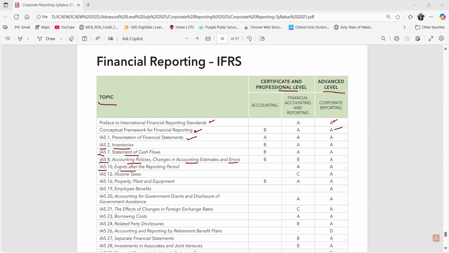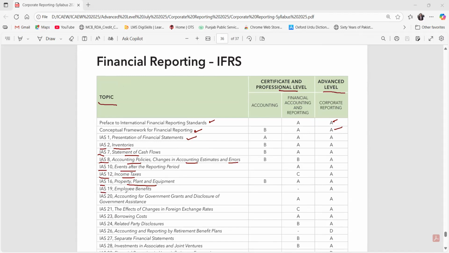If something happens before the year end, but its impacts are after the year end, what do we need to do? IAS 12, income taxes, deferred tax, implications of deferred tax on different transactions. IAS 16, property, plant, and equipment.